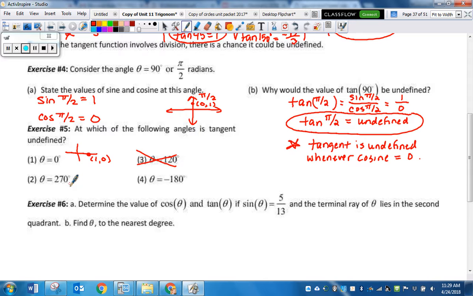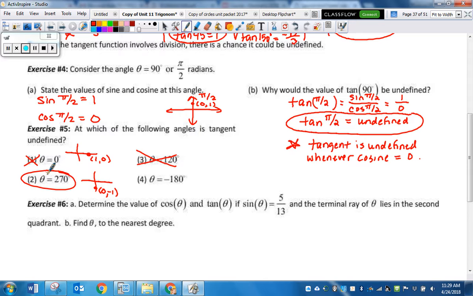Do I get an answer? Yes, cosine's not 0, so that one is not going to be undefined. How about at 270? What are my coordinates? 0, negative 1, right? Is cosine equal to 0 at 270? All right, then it's going to be undefined, correct? Okay, because the 0 will be in the denominator, and this one will work for us. That one will be okay. Questions on that? We're still good.